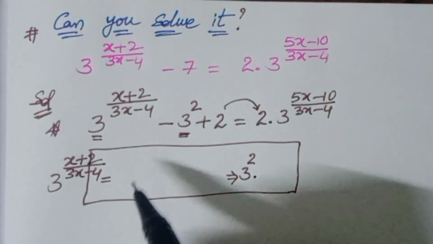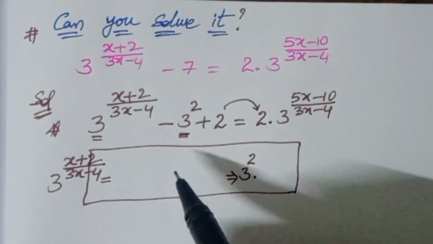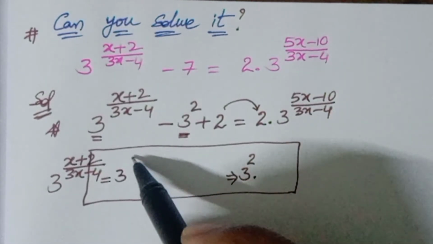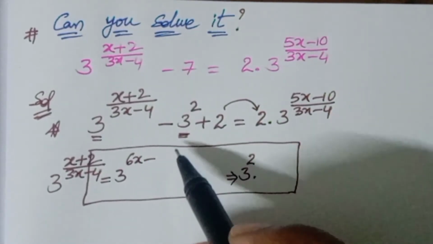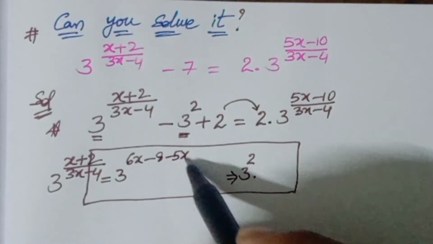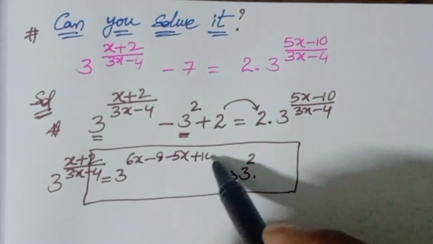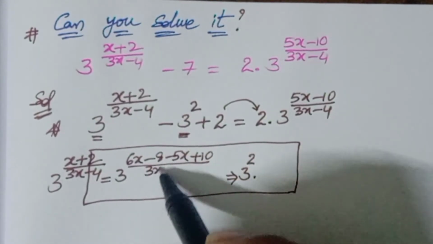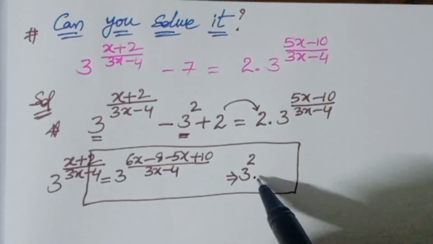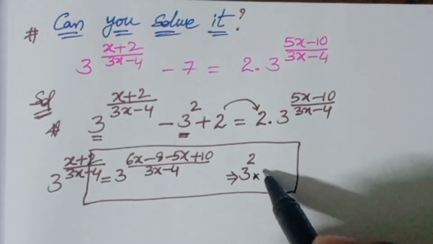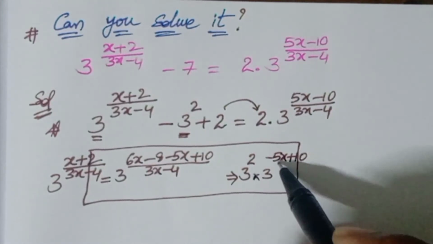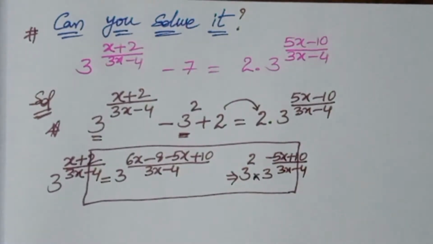So this you can write as 3 to the power of (6x minus 8 minus 5x plus 10) by (3x minus 4). Then you will get 3 to the power of 2 into 3 to the power of (minus 5x plus 10) by (3x minus 4).